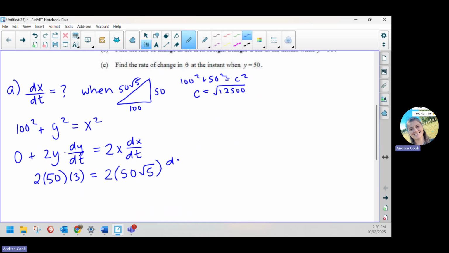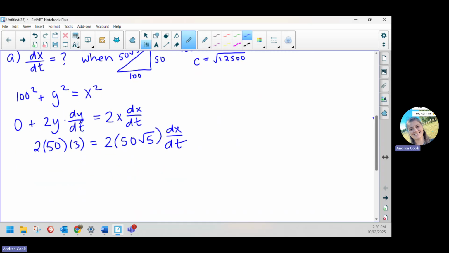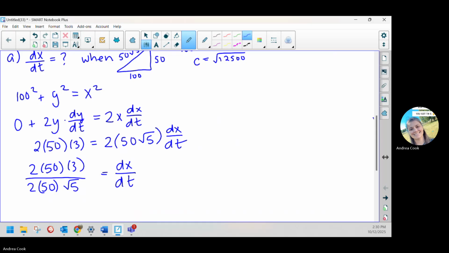And we are trying to find dx over dt. So dx over dt is equal to, I don't multiply it out because I'm just going to end up canceling. So you can cancel the 2's, you can cancel the 50's.